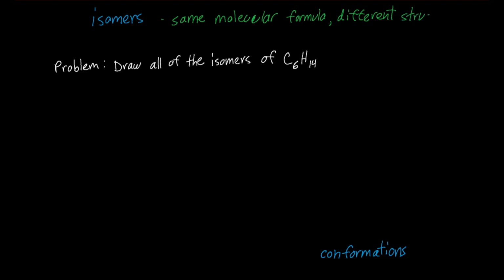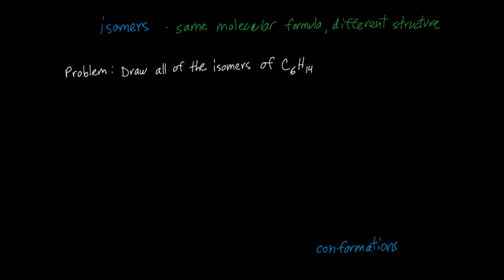In other words, the atoms are connected in different ways, in ways that would require you to break bonds and reattach them in different places in order to make the alternate structure. Now, we already did an example like this in video 1. This is another example, very similar, adding 1 more carbon and additional hydrogens.